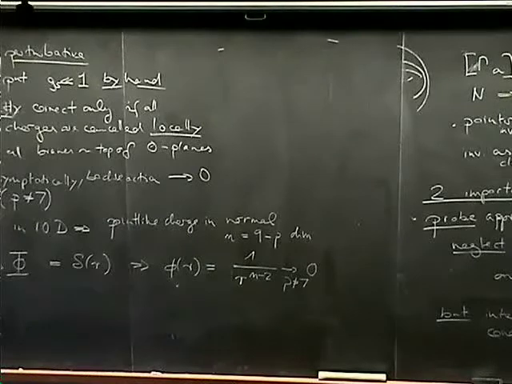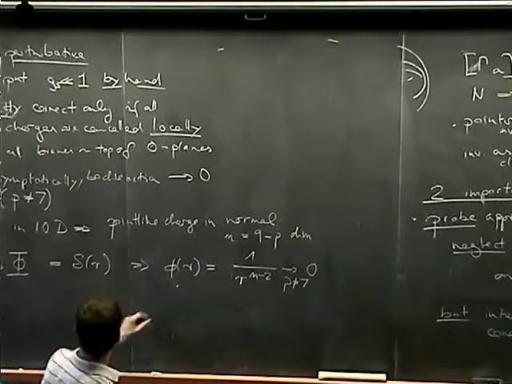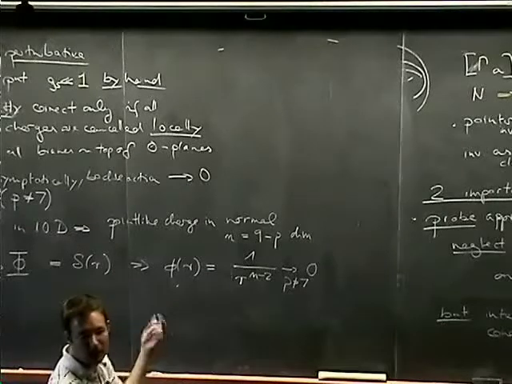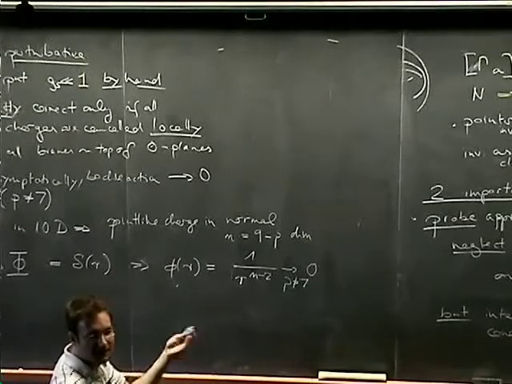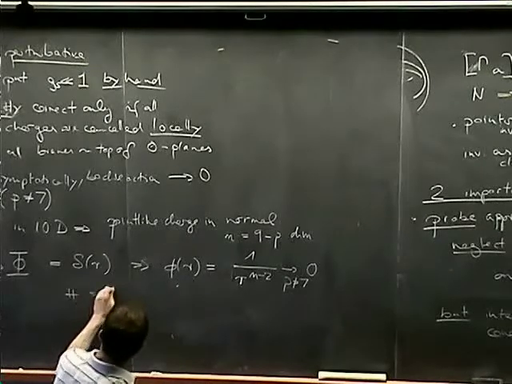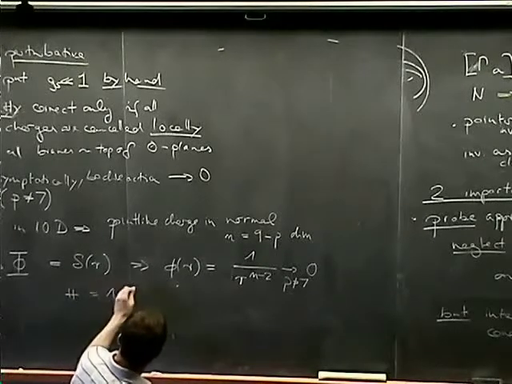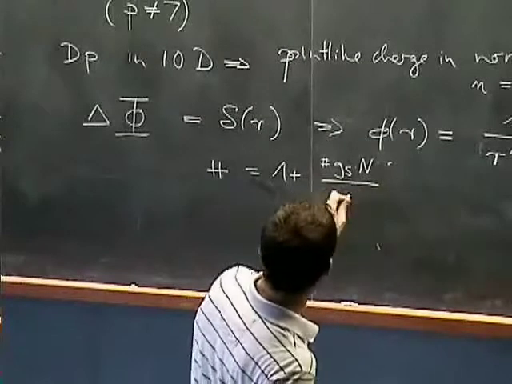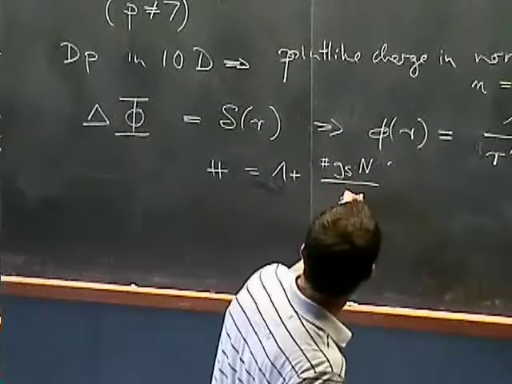Right. So in these solutions, for example, if one has a BPS brane solution, one has a warping factor, this harmonic function h, and this goes like 1 plus some number times g_s times the number of branes times 1 over r to the power 7 minus p.